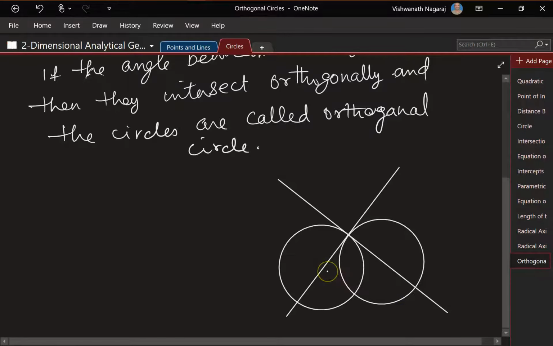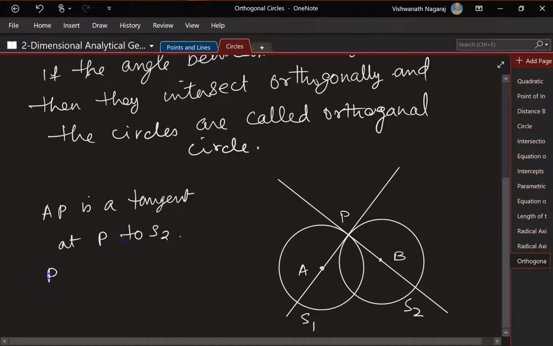Okay, so here you notice that this is the center. This is the center. Let's say this is A, and this is B, and this is P. Let's say this is S1 and this is S2. AP is a tangent at P to S2.